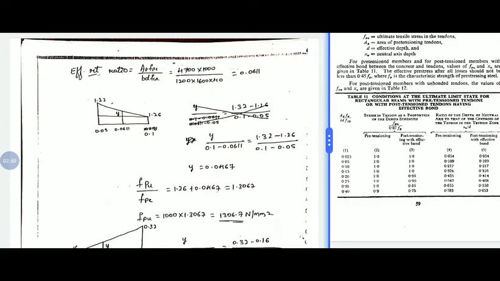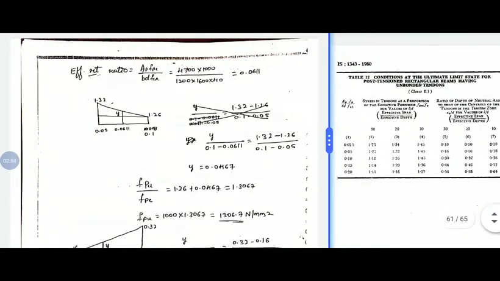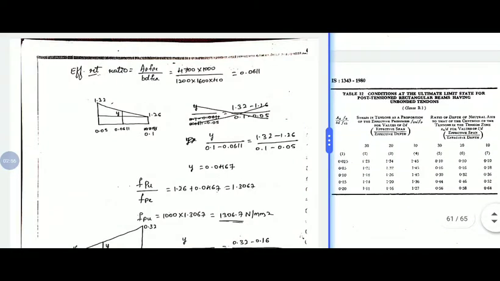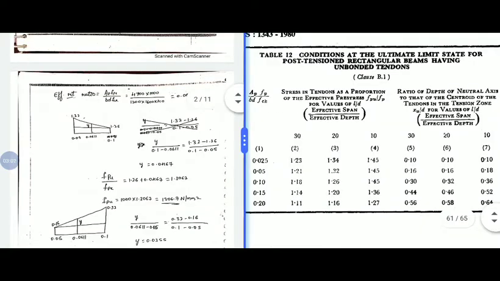Now for unbonded flanged section, go to table number 12. First we need to check for 0.0611. So 0.06 means it lies between 0.05 and 0.1.